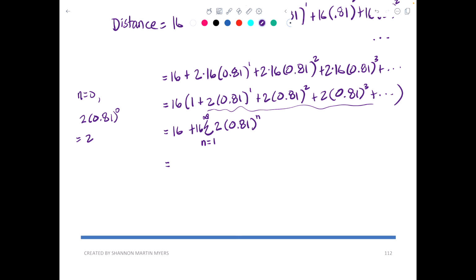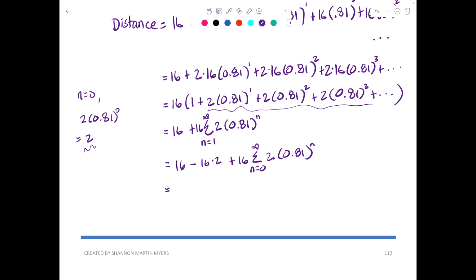Good so far? So we'll have 16. We need to subtract out 16 times 2, because that's the 2 and it's got a 16 multiplier. And then we'll have plus 16 times the summation, n is 0 to infinity of 2 times 0.81 to the n. Good so far?